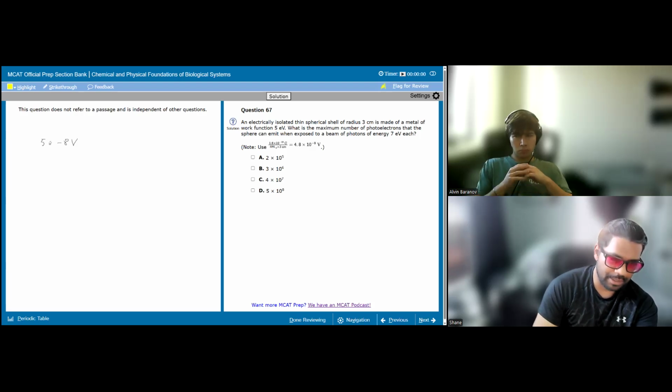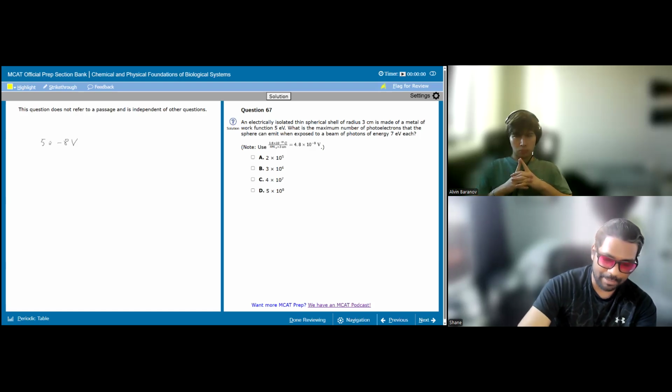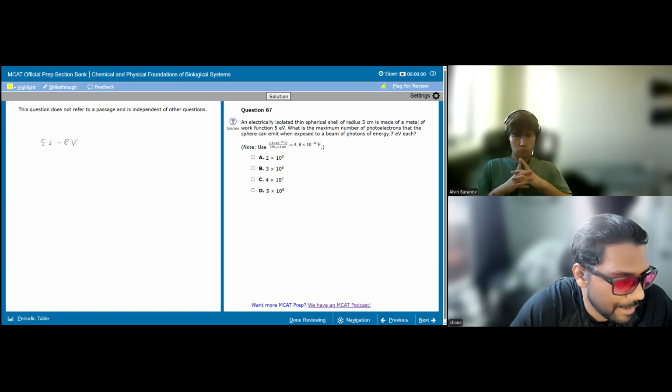If I multiply this by coulombs per mole of electron, and then multiply that by moles of electron over number of electrons, I think that'll work. Okay, so let's see.